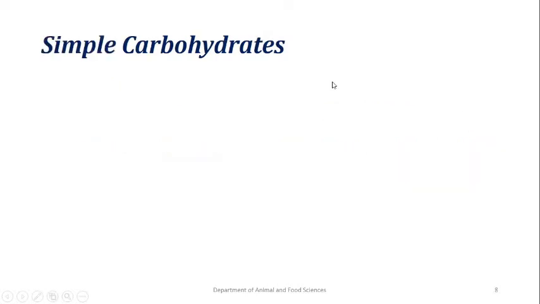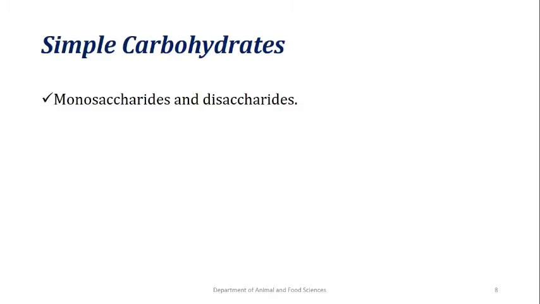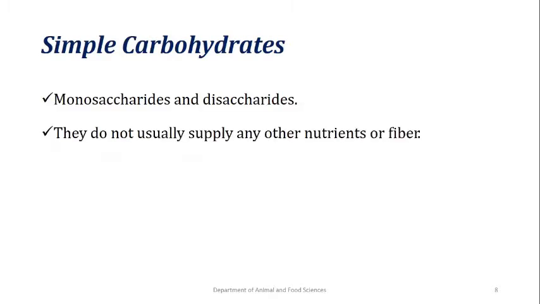If we consider simple carbohydrates, they are monosaccharides and disaccharides, and they do not usually supply any other nutrient or fiber. They are not bound with other micronutrients such as vitamins and minerals, so they do not usually supply any other nutrients to the body.